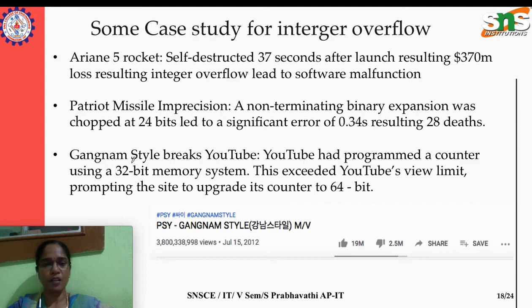It exceeded YouTube's view limit, since 32-bit has some limitations, prompting YouTube to upgrade to a 64-bit number. If you go and see, these many views for Gangnam Style are represented in a 64-bit number, because a 32-bit number cannot accommodate such big numbers.